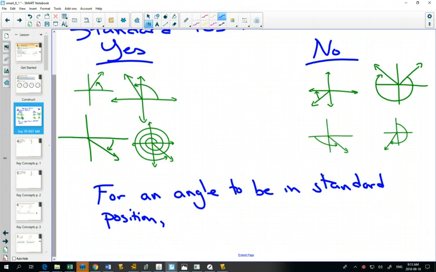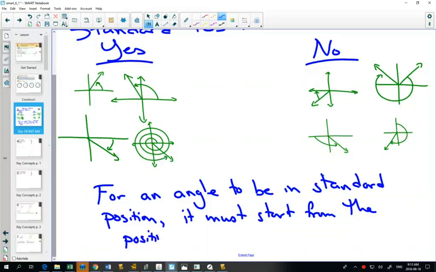So for an angle to be in standard position, it must start from the positive x-axis.